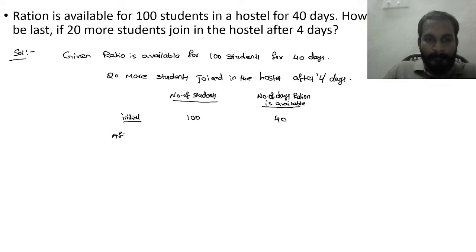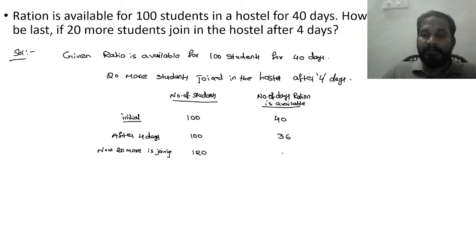Now after 4 days, if there are only 100 students, the ration will be available for 36 more days. That is the logic. But here, 20 more are joining. That means the new strength is 120, and the number of days the ration is available is X days. So we need to find the answer for this.